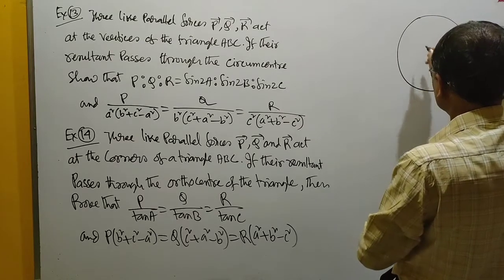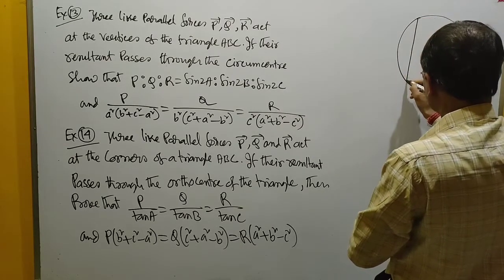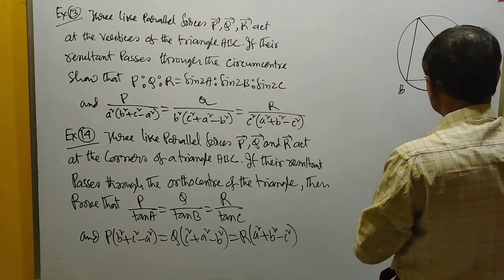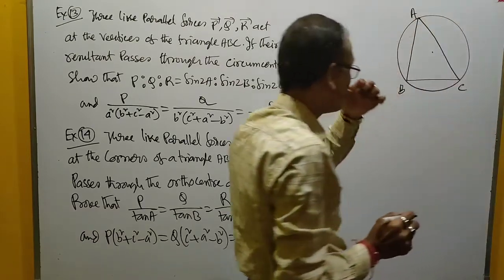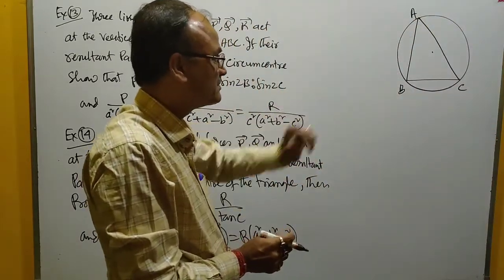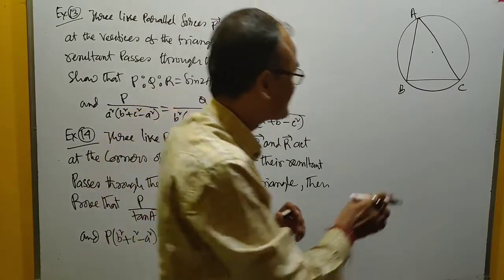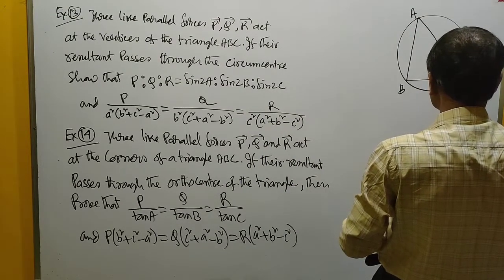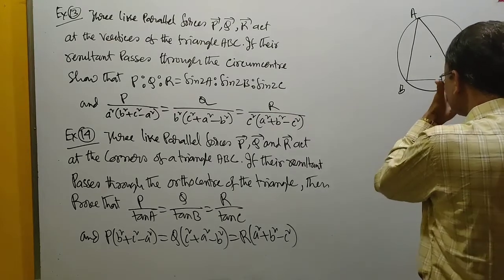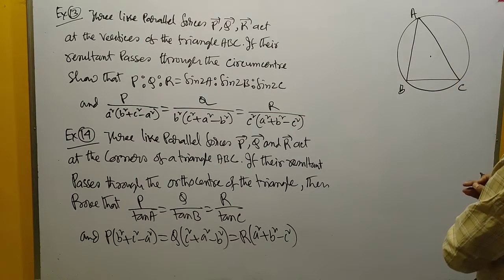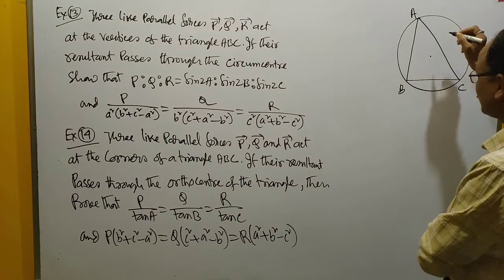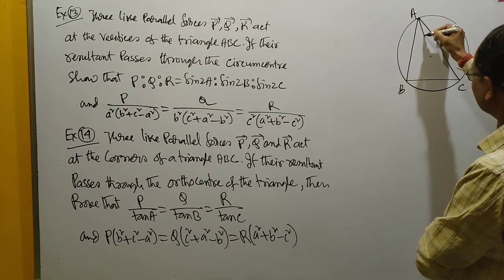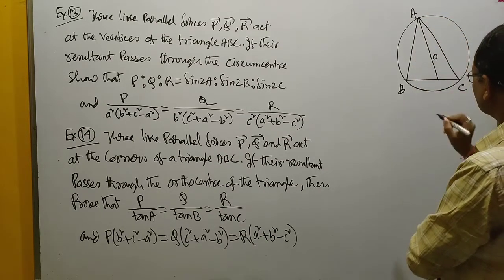Suppose O is the incenter of the triangle. ABC is the triangle, and O is the incenter of the triangle.